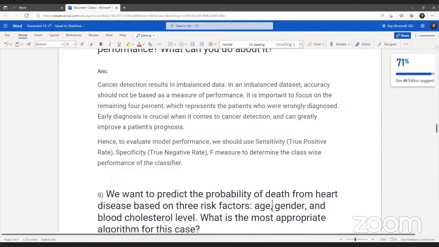Early diagnosis is crucial when it comes to cancer detection and can greatly improve a patient's prognosis. Hence, to evaluate model performance, we should use sensitivity (true positive rate) and specificity (true negative rate). These measures determine the class-wise performance of the classifier.